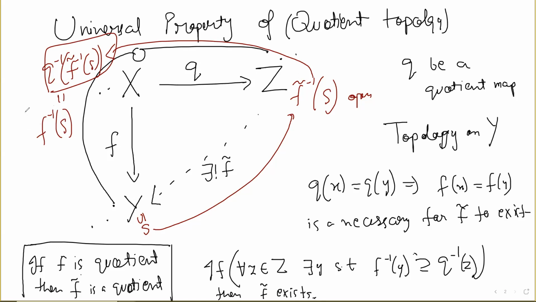No. Sorry, we are not done, but I need to say something. So we have proved that this is open, but that implies this is open because Q is quotient. I did not say that. Okay, so all these are fine. So this is a universal property. So is it fine? Yeah, it's very simple to remember, of course.